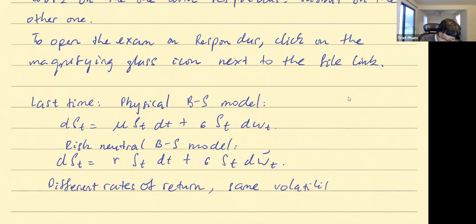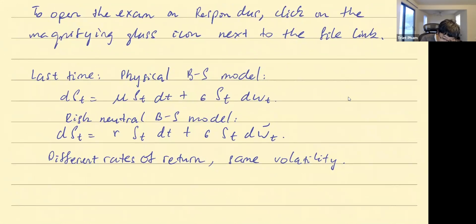Moreover, the relation between W and W tilde is, you can see that dW_t plus (mu minus R) over sigma dt is dW tilde_t.